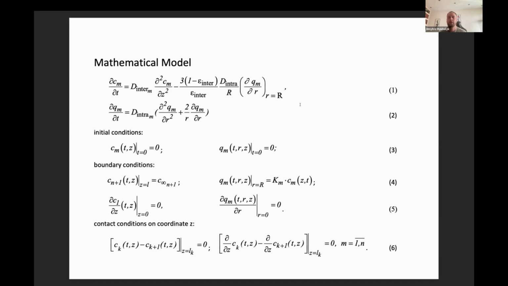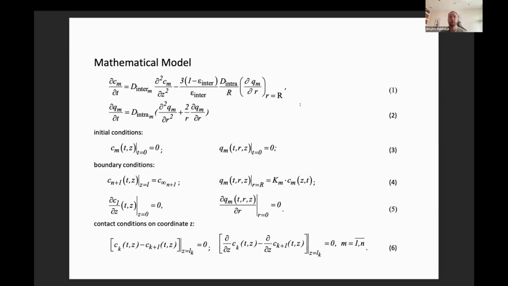These equations are accompanied by initial conditions, boundary conditions, and, in the case of heterogeneous media, which could have different features in different parts, contact conditions, which allow us to define the heterogeneous nature of most real materials.